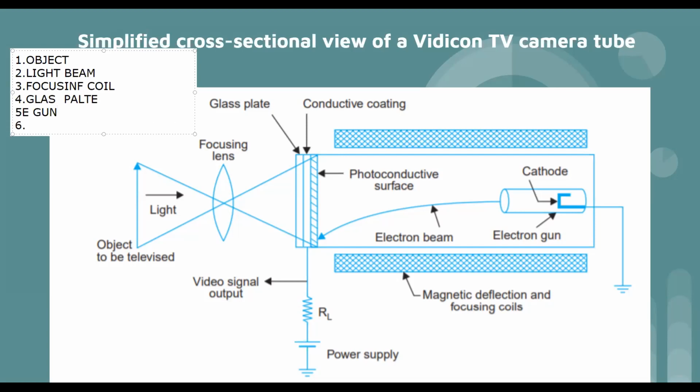You have to maintain some e-beam of operation. What is the seventh one? You have to make the photoconductive material. So what is the material? Okay. So what is the next one? You have to make the magnetic deflection and focusing coils, etc.